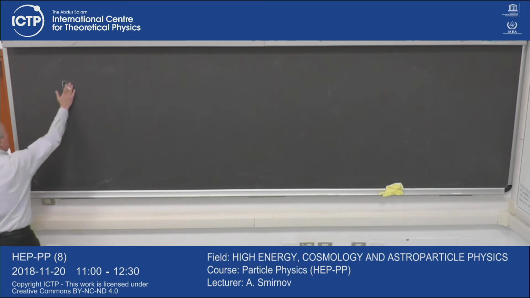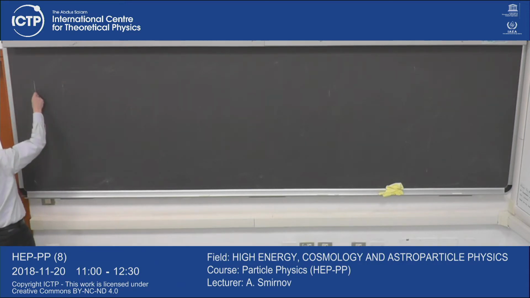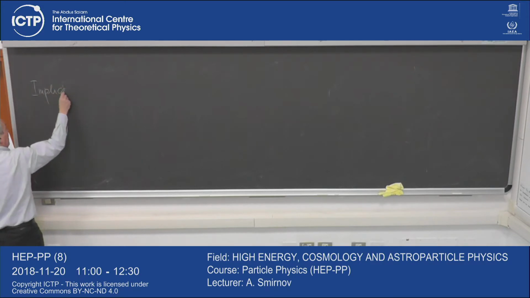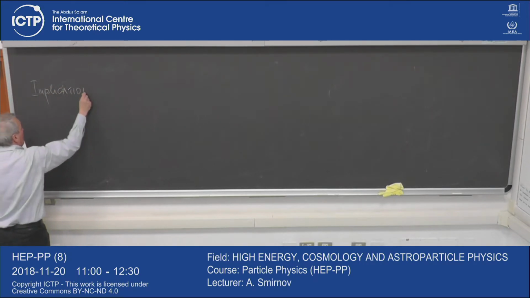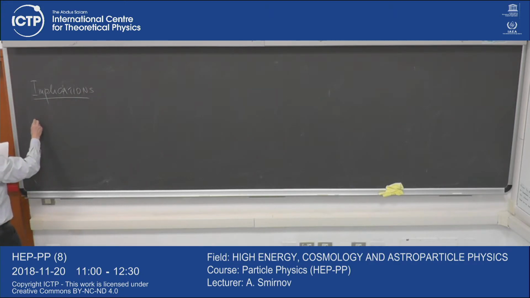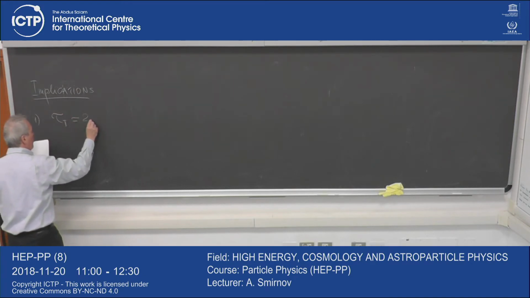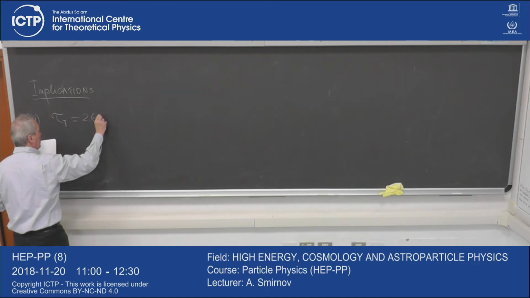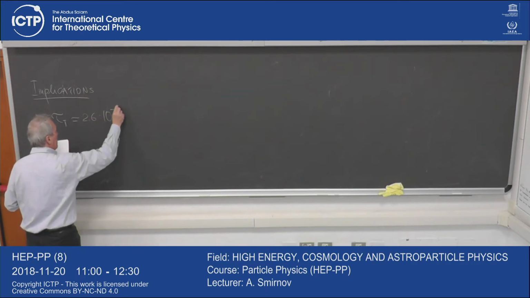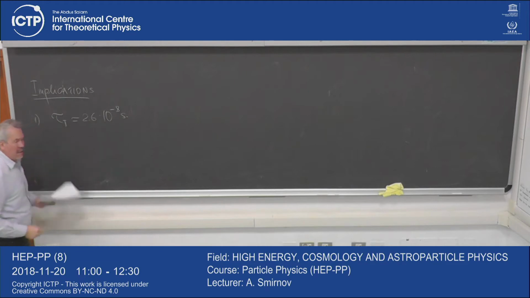So what are the implications of the discovery of pi? Consequences. First is the lifetime of pi, 2.6 times 10 to the minus 8 seconds. This is 2 orders of magnitude smaller than the lifetime of the muon.